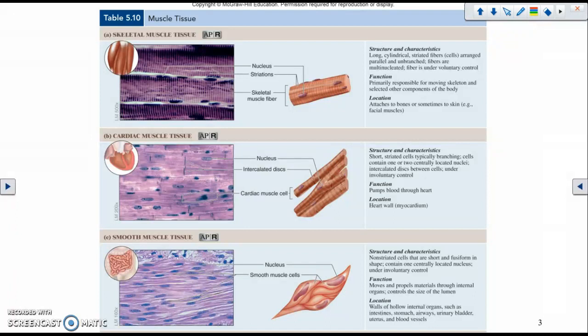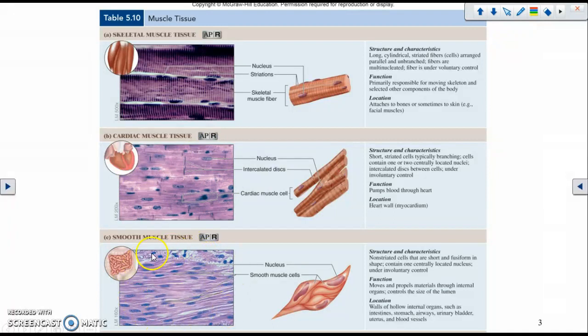When it's long, that means the muscle has relaxed. Okay, a distinguishable factor between skeletal muscle tissue and cardiac muscle tissue, folks, is the presence of these big block desmosomes or gap junctions called intercalated discs, and that's highly distinctive for cardiac muscle tissue.